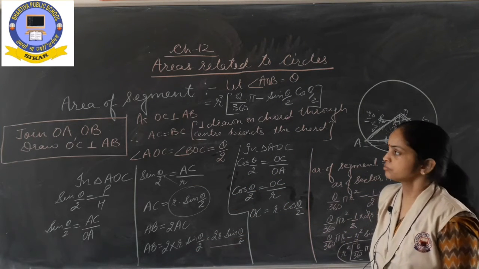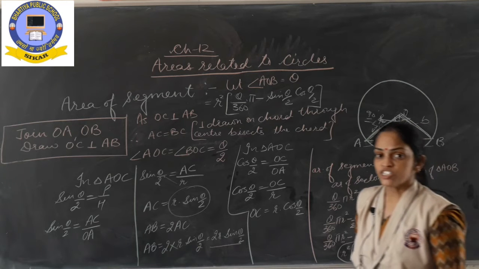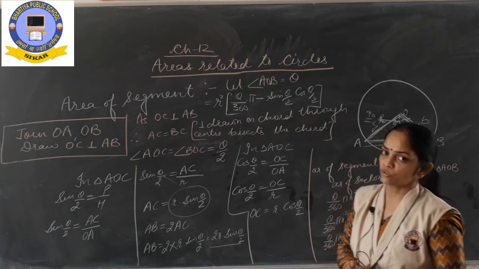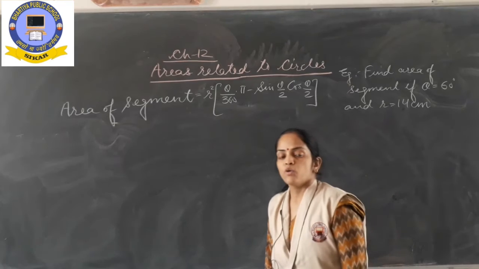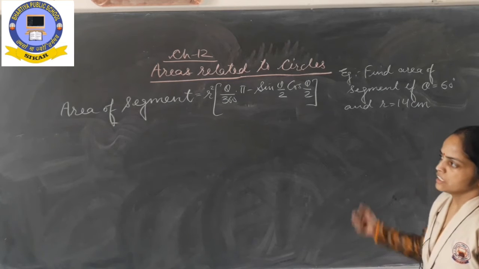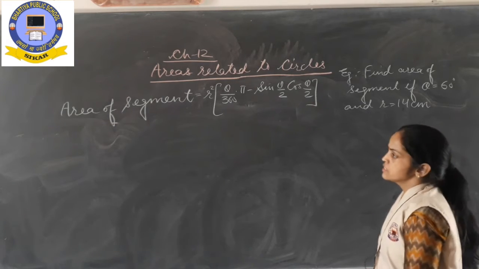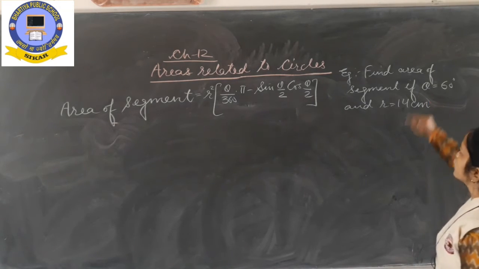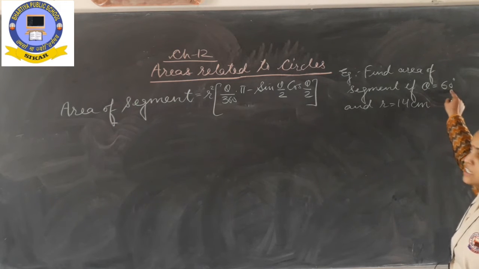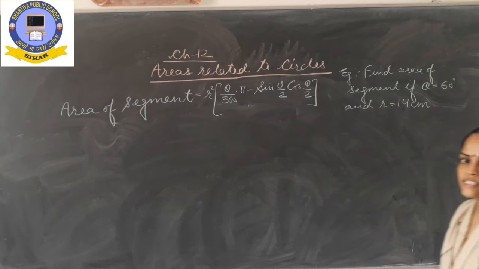Okay, so now let us solve some questions which are based on this concept so that you can see how we can do calculations. Now let us try to understand how to solve calculation in case of area of segment. See this example. Find area of segment if theta is given 60 degree, that means angle is given 60 degree and radius is given 14 centimeter.